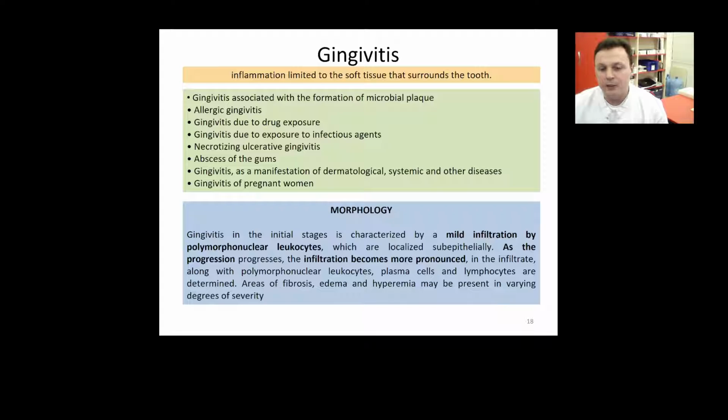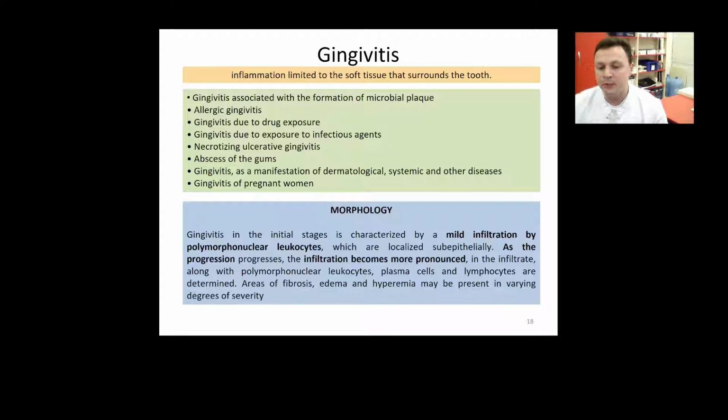Gingivitis in the initial stage is characterized by a mild infiltration by polymorphonuclear leukocytes, which are localized subepithelially. As the process progresses, the infiltration becomes more pronounced. Along with the polymorphonuclear leukocytes, plasma cells and lymphocytes are determined.